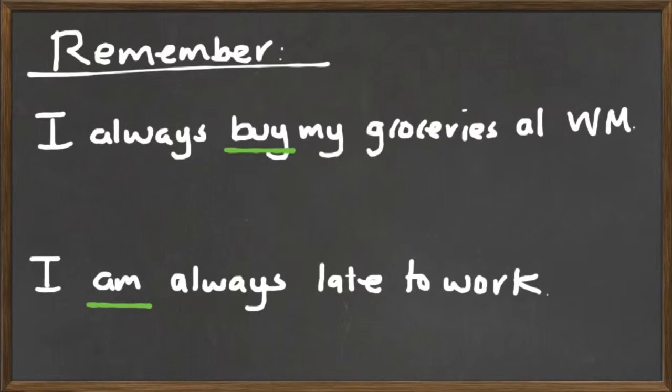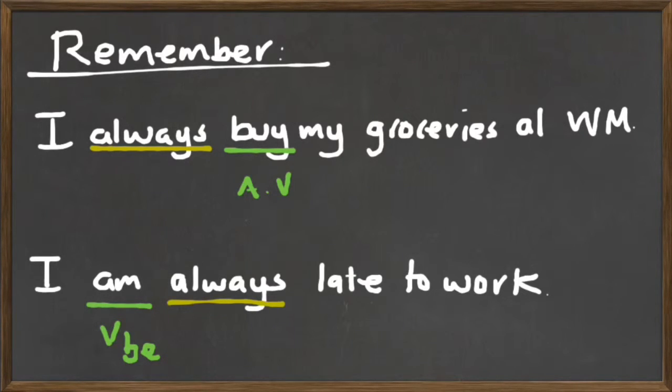If we're using an action verb, in this case buy, we need to place the frequency adverb before our action verb. However, if we use the verb to be, the frequency adverb will go after the verb to be.